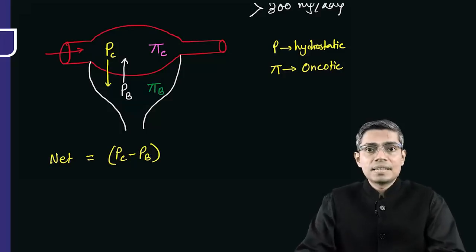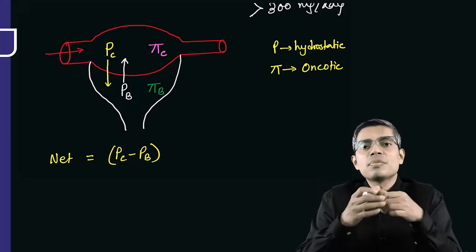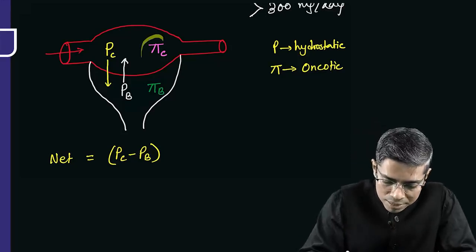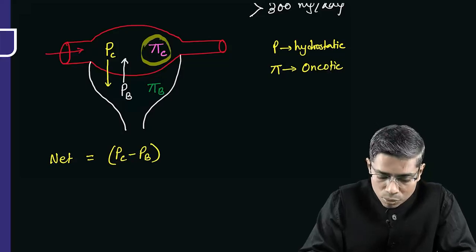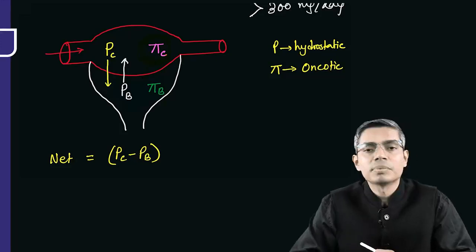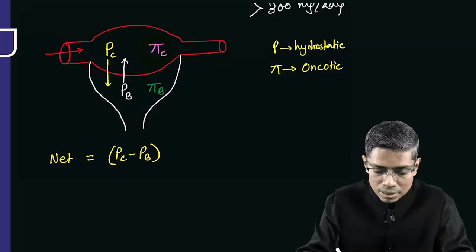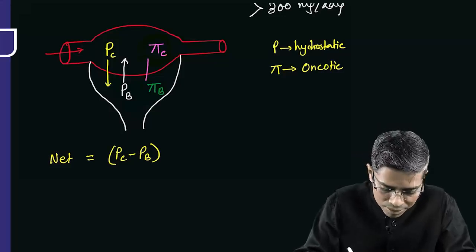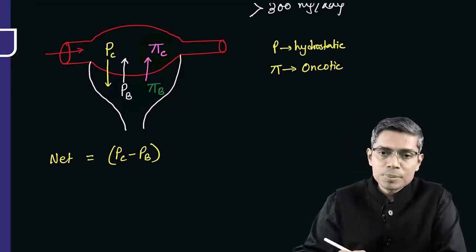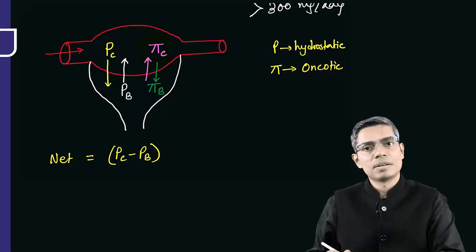Oncotic pressure is a kind of retaining force. It will try to hold the water inside the same compartment. So the oncotic pressure of this capillary will try to hold the water inside this compartment, which means as if it is dragging water from the Bowman's capsule compartment, dragging the fluid in this direction. In the same way, the oncotic pressure of the Bowman's capsule will try to drag fluid from the capillary compartment.